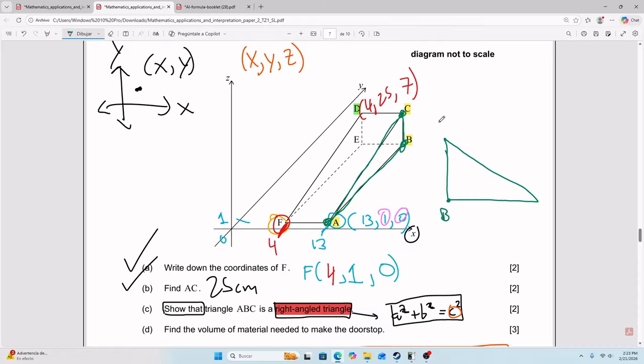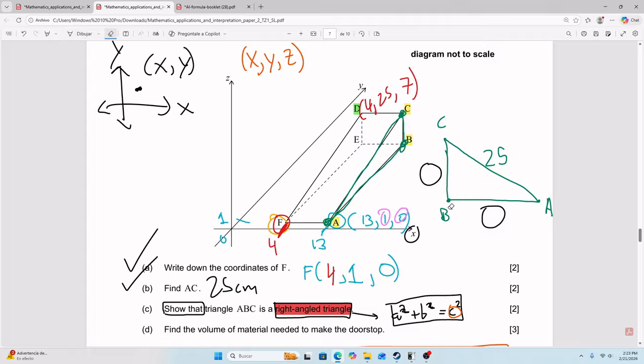We have point C being here. You have point A being there. And from part B, you identify that this distance here is 25. And so if I discover these two other distances from B to A and from B to C, I should be good to go, right?